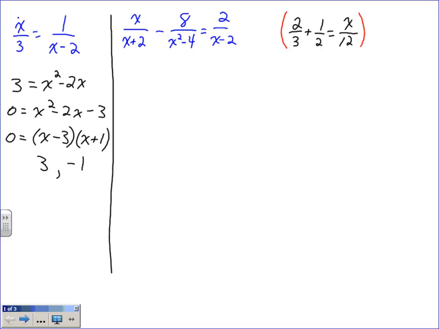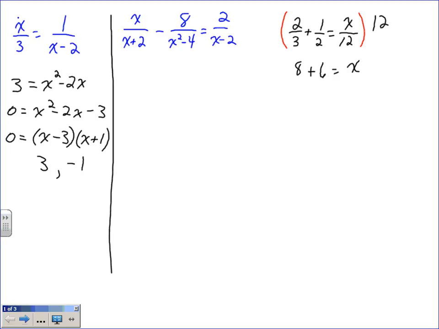What would you multiply that whole thing by to clear fractions? 12. By 12, sure. If I multiplied this by 12, 3 goes into 12, 4. 4 times 2, I would have 8, 2/3 times 12. And 2 goes into 12 six times, 1 times 6 is 6. And the 12s would cancel, which will leave me with x. And it's a little bit simpler problem to deal with.